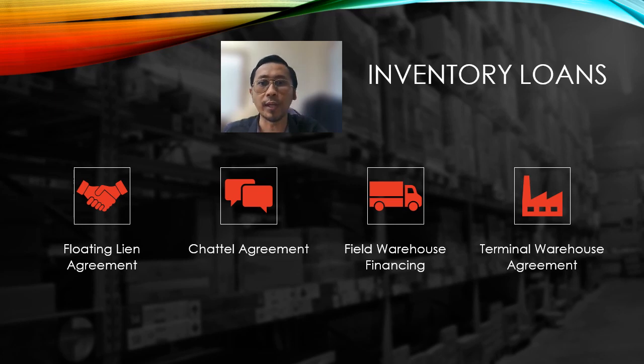The amount of loan that can be obtained depends on the marketability and perishability of the inventory. There are several methods of using inventory to secure short-term debt, such as floating lien agreement, trust receipt agreement, field warehouse financing, and terminal warehouse agreement. Students can read further on these methods in the textbook from page 169 until 170.